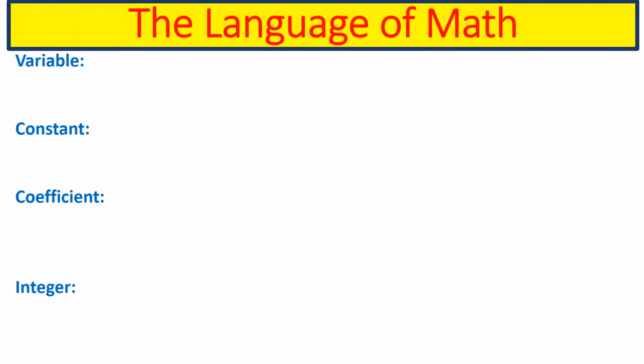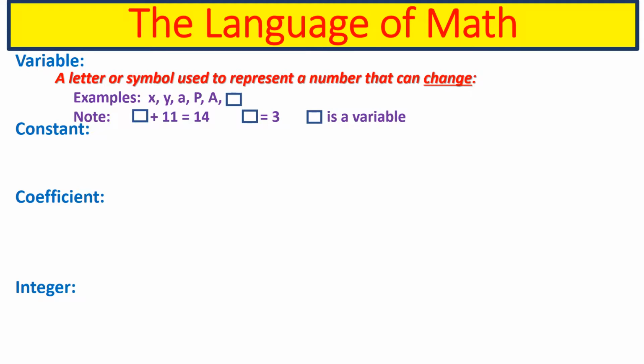And now we will learn about the language of math. Variable. A variable is a letter or symbol used to represent a number that can change. Examples of variables are X, Y, a, P, A, and box.